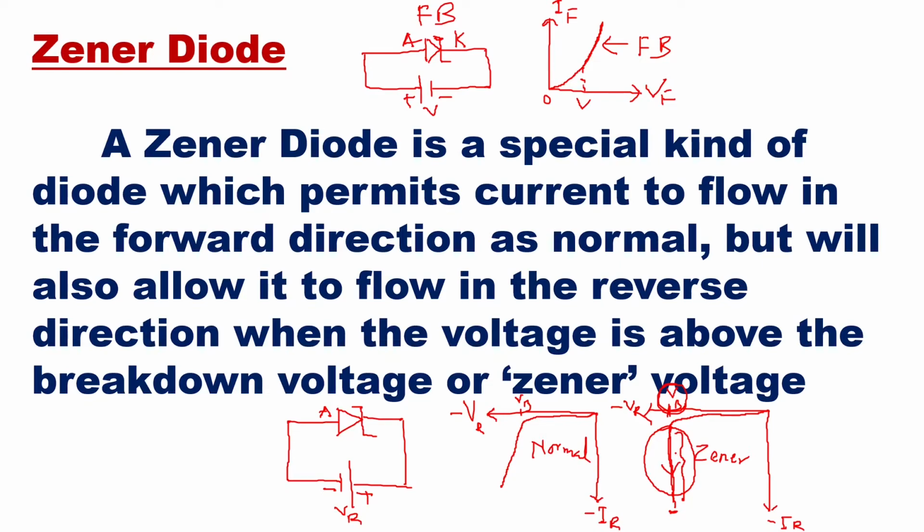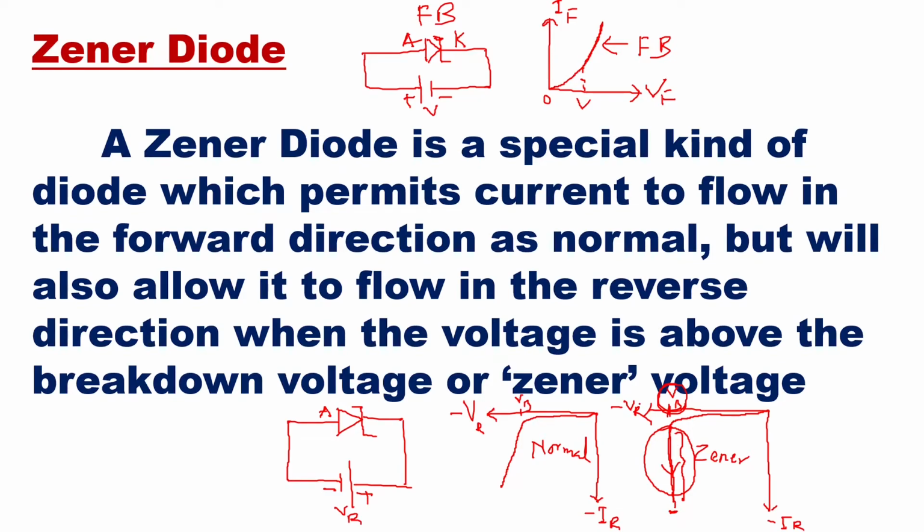For a fixed reverse voltage, the current flowing through the Zener diode because of Zener breakdown will vary within certain limits, keeping the voltage constant. This is a very important feature of the Zener diode, which makes it a very important component for applications like voltage regulation.